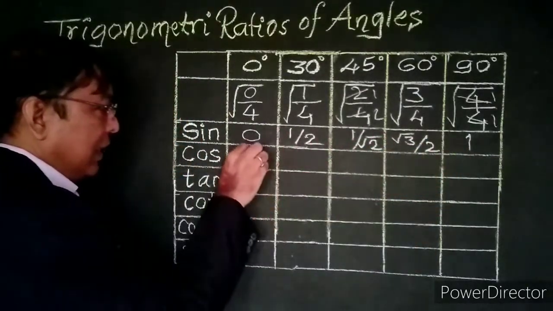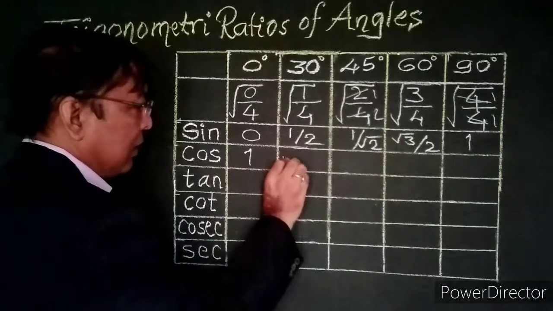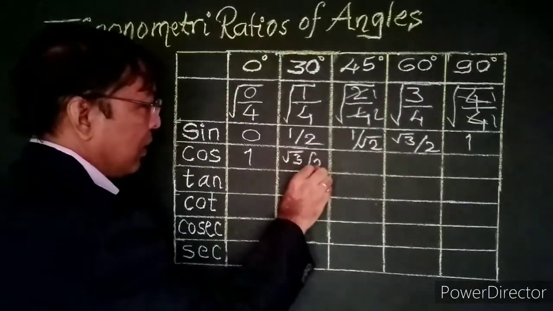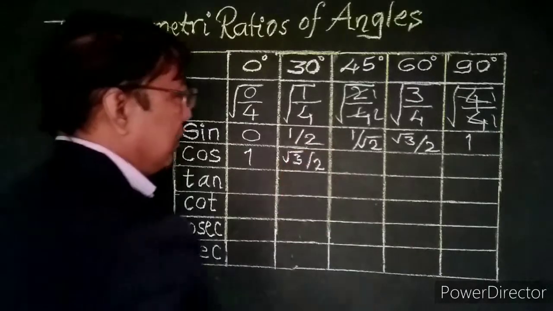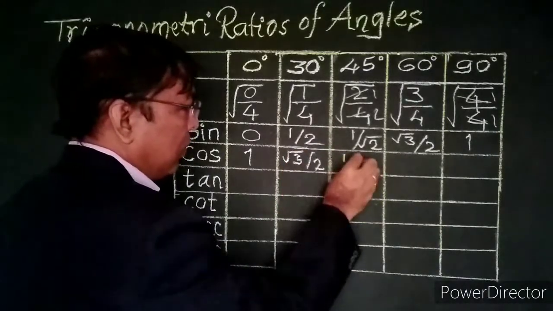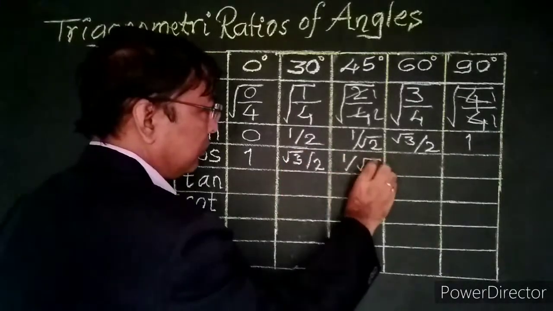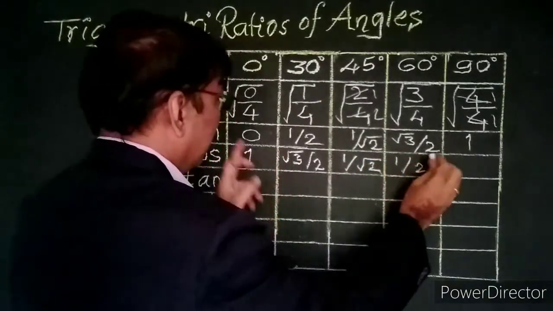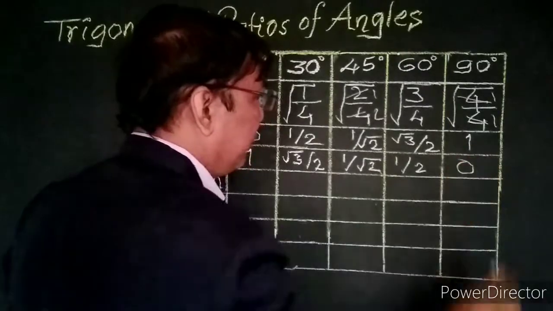I will write 1 here. Then I will write root 3 upon 2. Then this 1 upon root 2. Then 1 upon 2. Then 0.